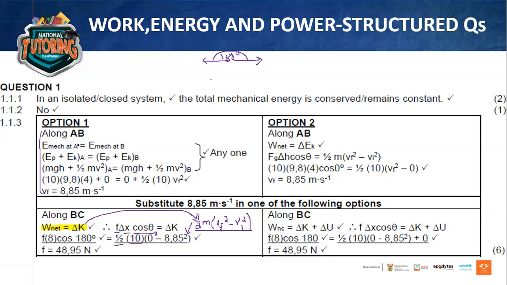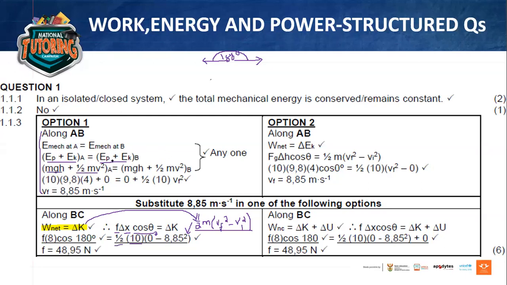We say the mechanical energy at A is equal to the mechanical energy at B. Remember, mechanical energy is the sum of the gravitational potential energy and kinetic energy of an object. That will be at A and the same at B. If you break it down, EP is equal to mgh and EK is half mv squared.